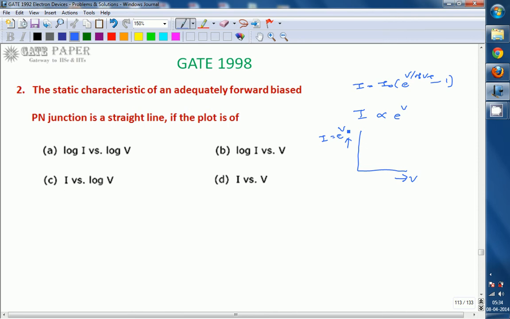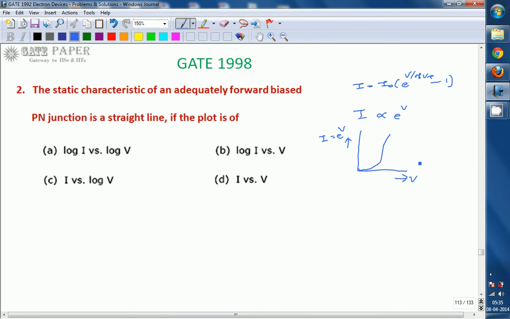So the characteristic looks exponential. You can convert exponential into linear by taking the natural logarithm.